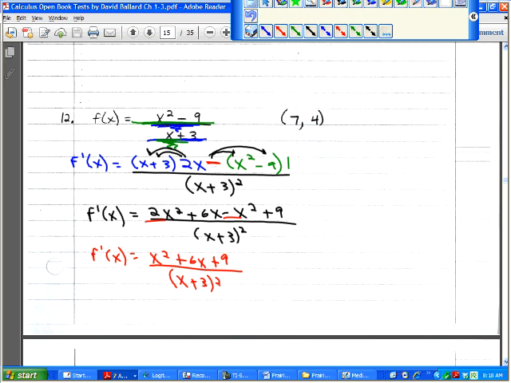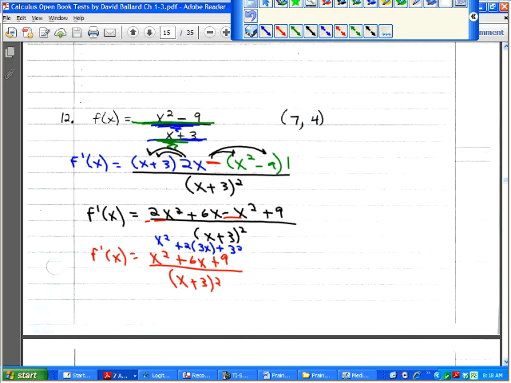Now, you may have recognized this as being a squared plus 2. Let me just write this out. As x squared plus 2 times 3x plus 3 squared. Did you notice that? X squared plus 2 times 3x plus 3 squared. That's a binomial square.